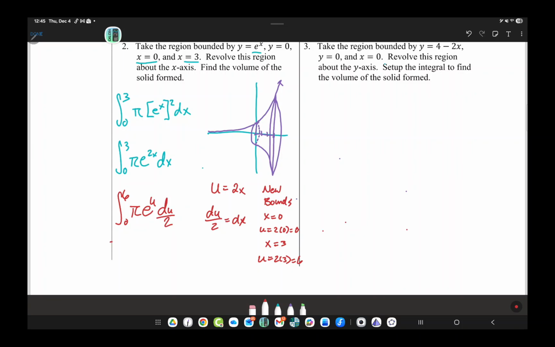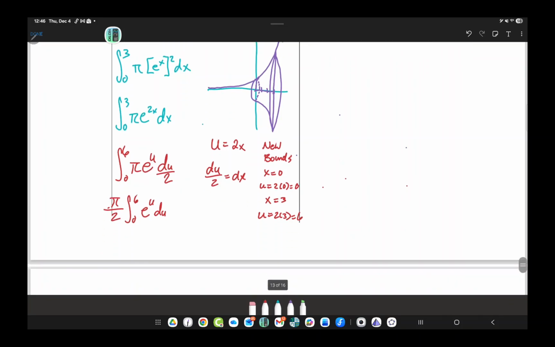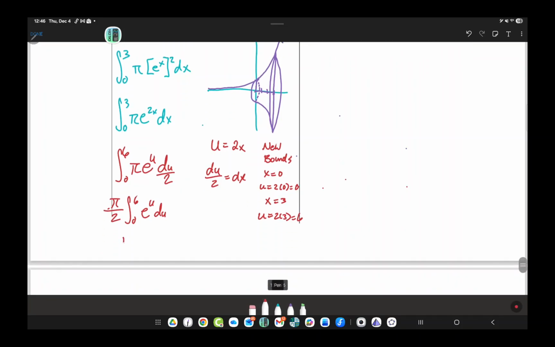Now I can write that as pi over 2, integral from 0 to 6 of e to the u du, which is pi over 2 times e to the 6 minus e to the 0, or pi over 2 times e to the 6 minus 1.